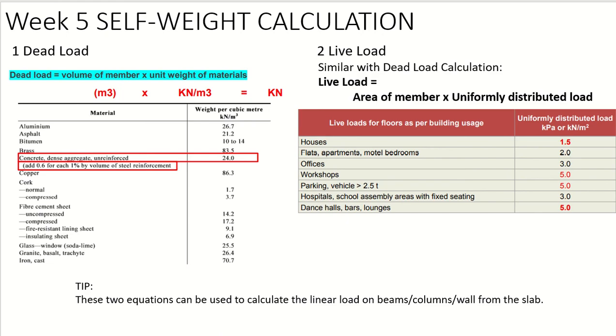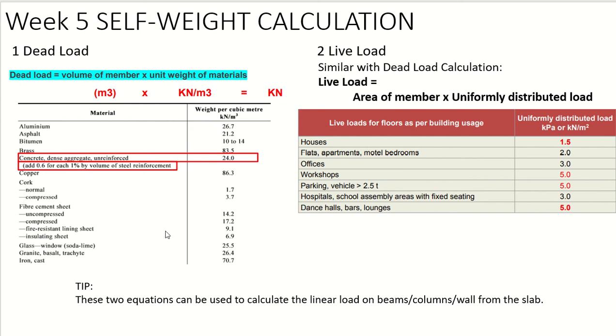Week 5, dead load and live load. This is very easy but very important. For the dead load, the only thing you need to do is calculate the volume of the member. After you calculate the volume of that member, you can get the unit weight of materials from this table.